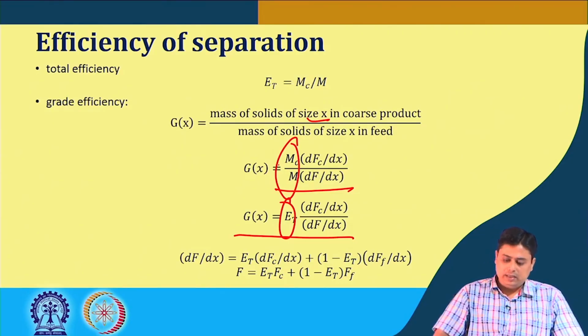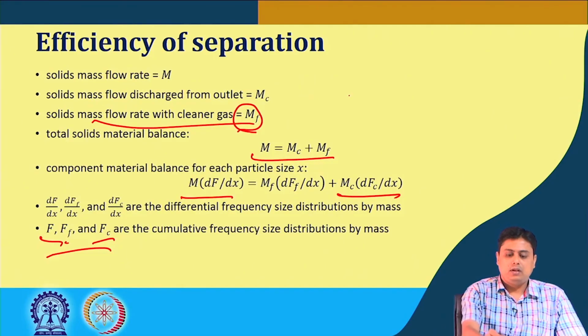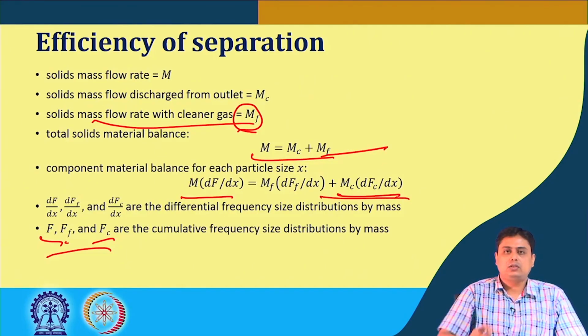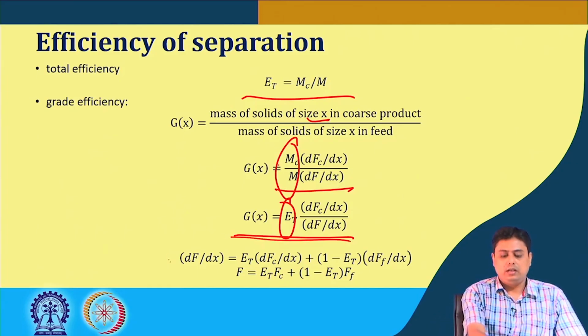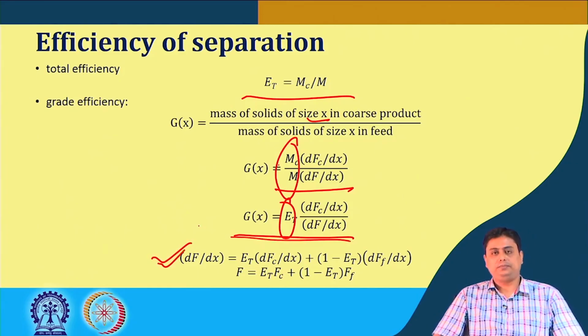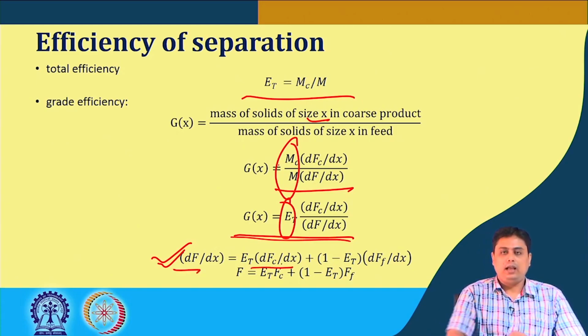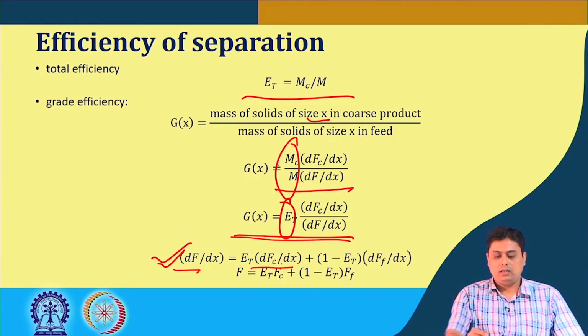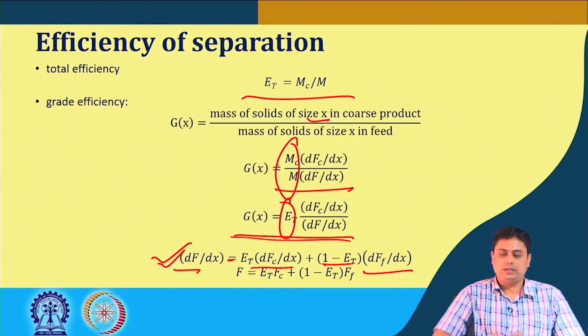Now, these three expressions, that is the overall efficiency, the total material balance and the component material balance, yield this expression, which relates the size distribution of the particles in the feed, in the coarse product and in the cleaner gas with the fine particles to the overall efficiency.